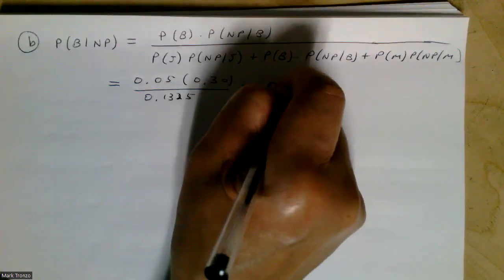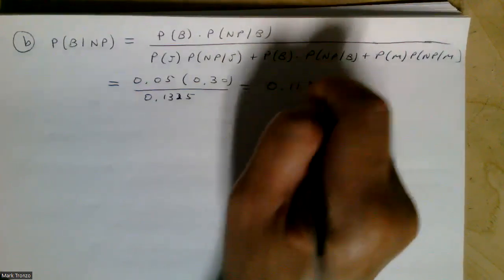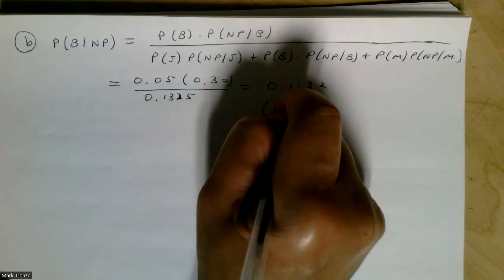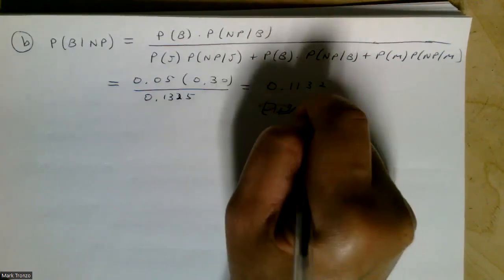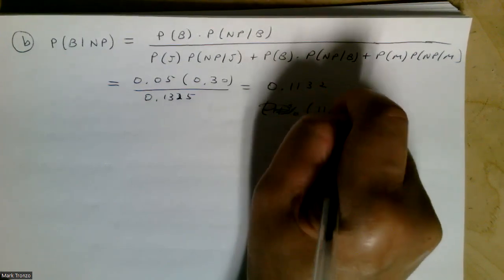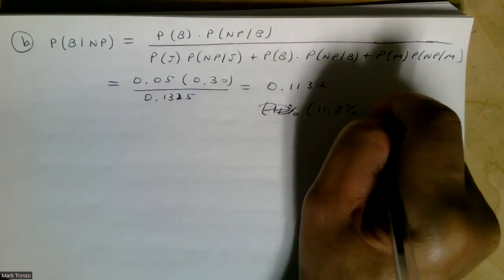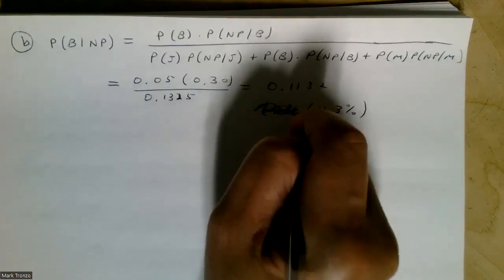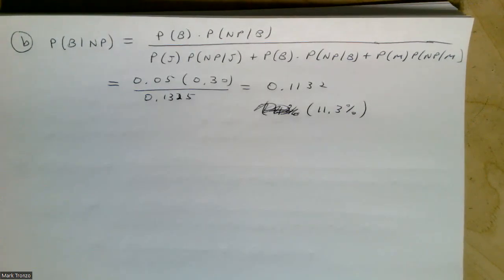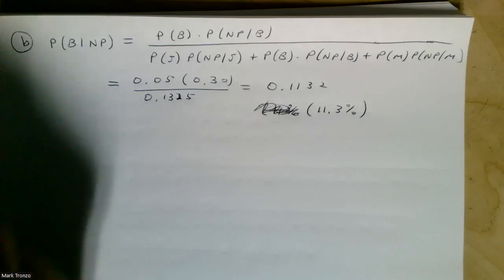And that's going to be 0.1132. And this is the most critical one. So there's a 11.3% chance that it came from Benson's farm. That was the most critical one because that's the one that had apples that had harmful bacteria.